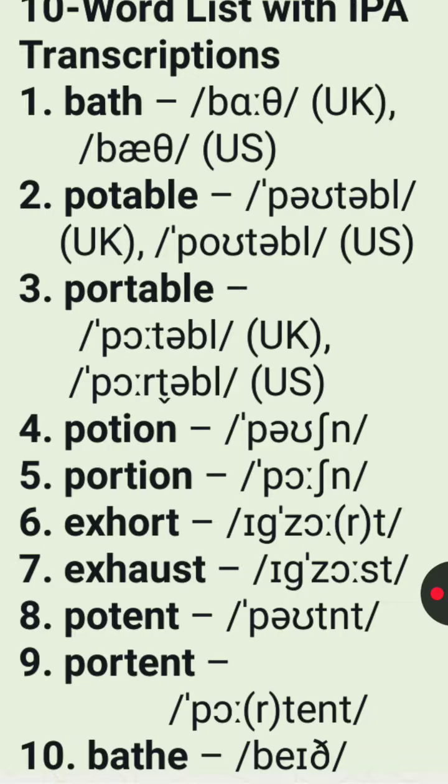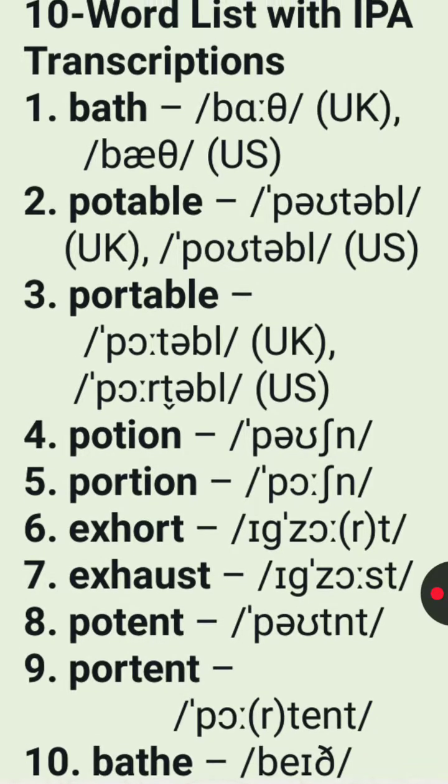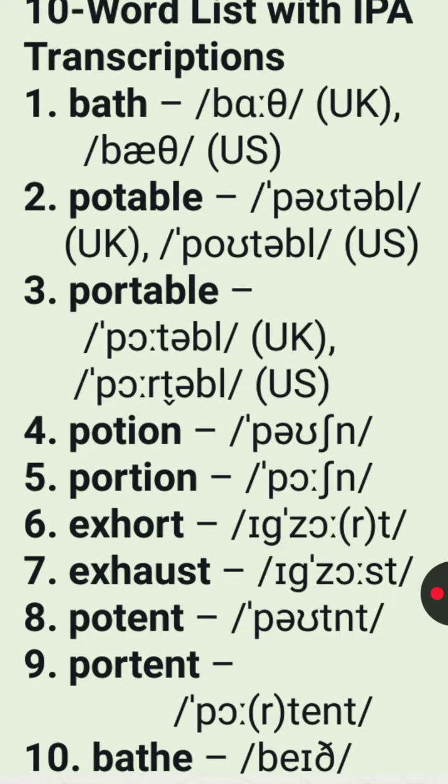So giving us portent. While in number 8 we have potent, which we transcribe as P sound, O sound, which is a diphthong, T sound, N sound, and T sound.